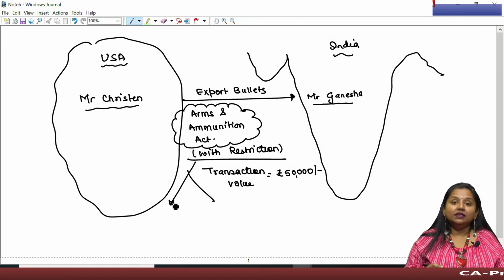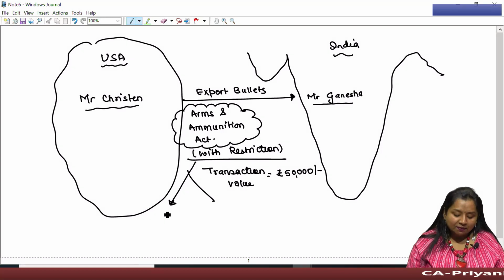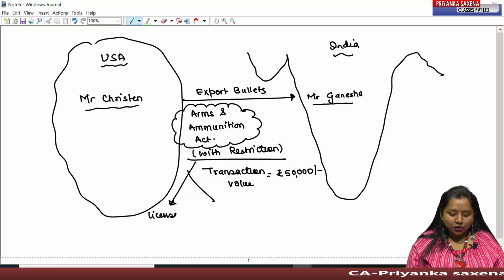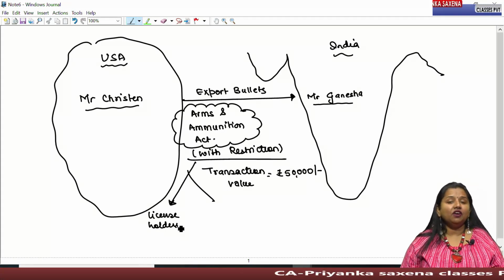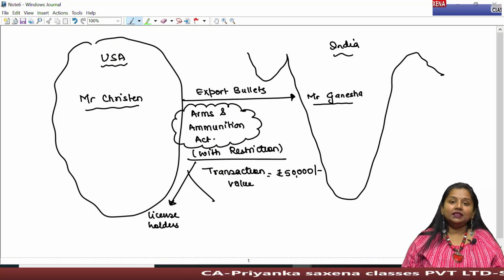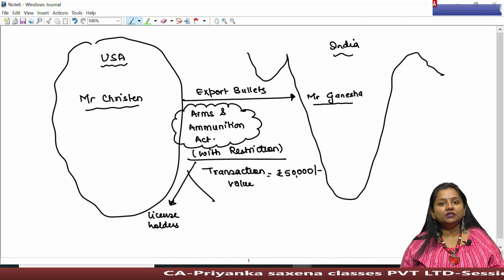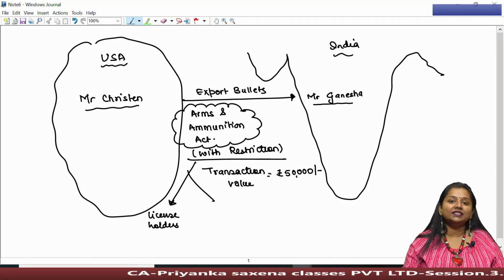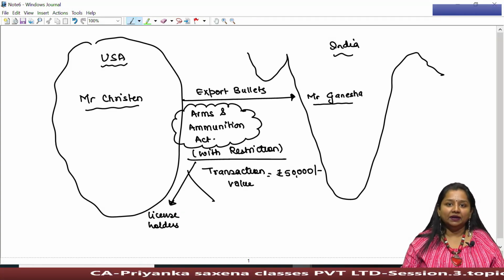Firstly, the weapons, the arms, can be sold only to license holders. That is, not everyone or anyone can purchase these weapons. Only the person who has already been issued a license in his name by the government can buy this instrument.